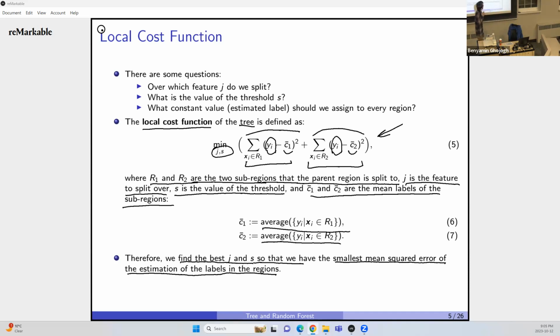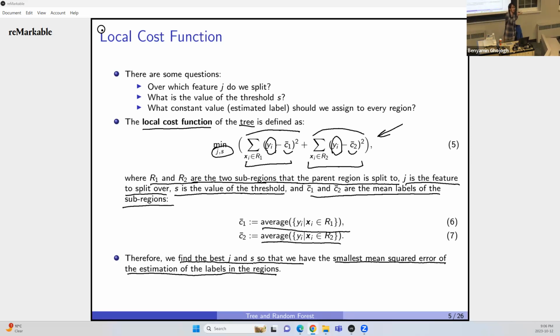What are these two terms? How much my actual labels of the points in this region are away from the average label of that region. Also, the second term says how much my actual labels of the points in the second region are away from the mean actual labels in that region. Basically, it means how different the labels in that region are.